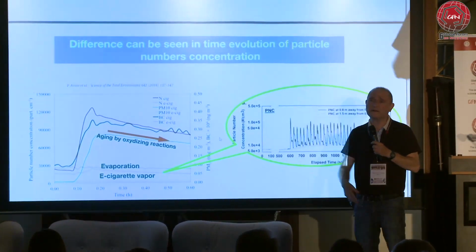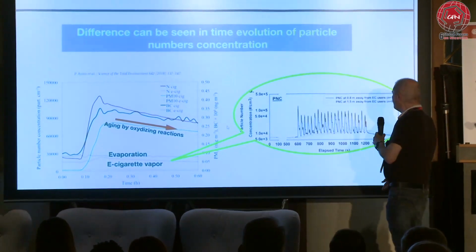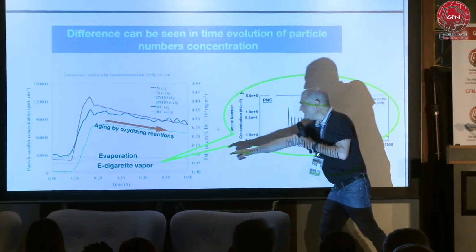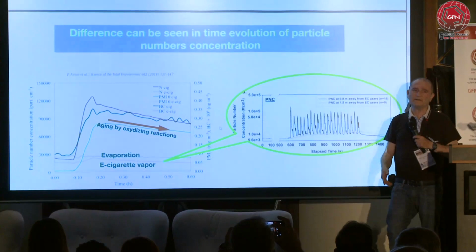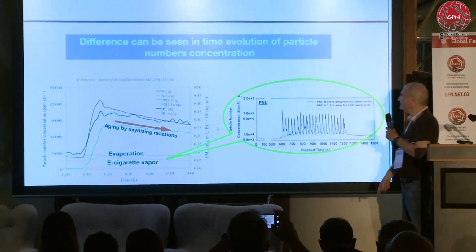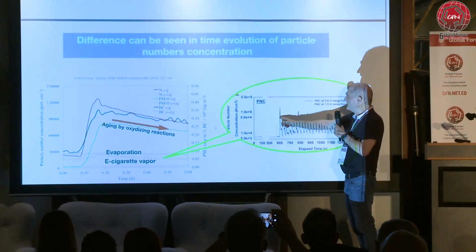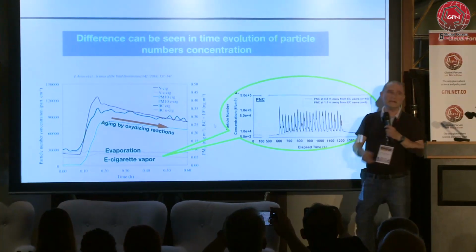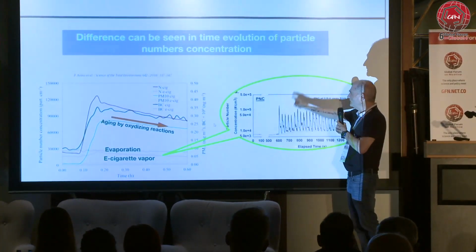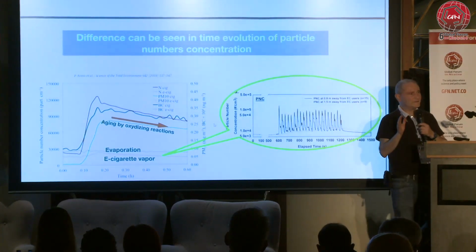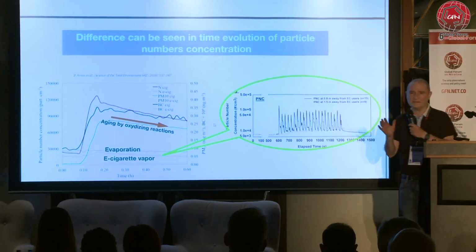They simply evaporate. Now, if we look carefully, you have a puff here, and then the particles spike, even reach very high values, but then, because of evaporation, they rapidly, in less than a minute, decrease to background levels. Then you have the next puff, and so on. So as you can see, the physics and the chemistry are radically different.